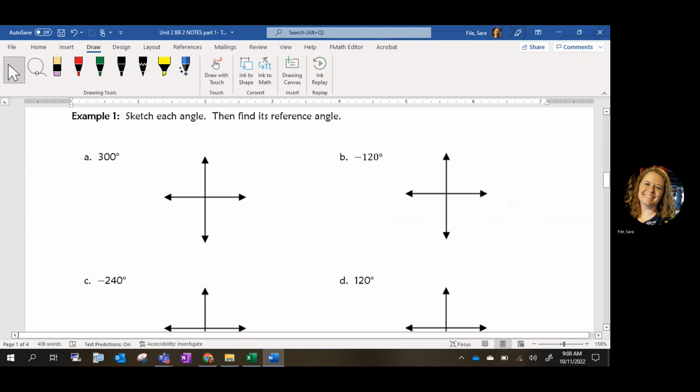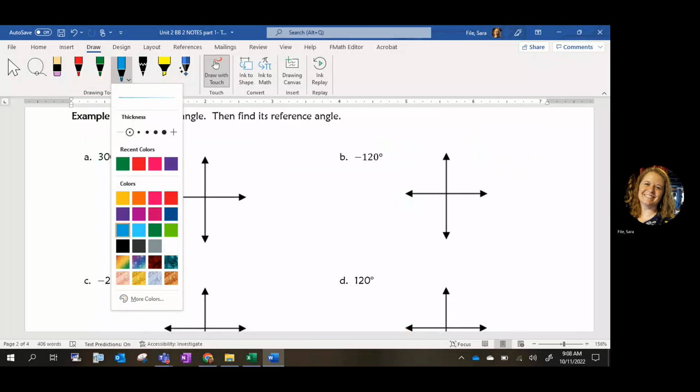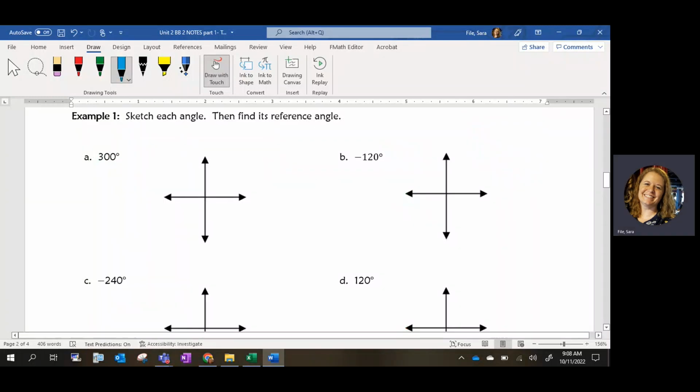All right, so just a quick practice in sketching. 300 degrees, think about your quadrants. We know that if this is 0, where we're starting, because we start our initial side at the positive x-axis, this is a positive 300.